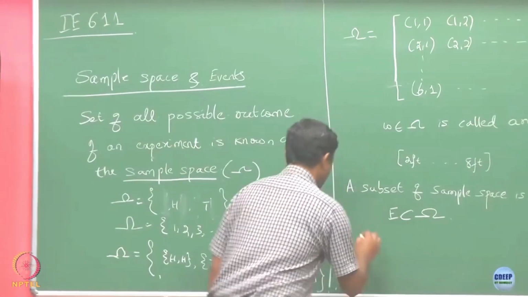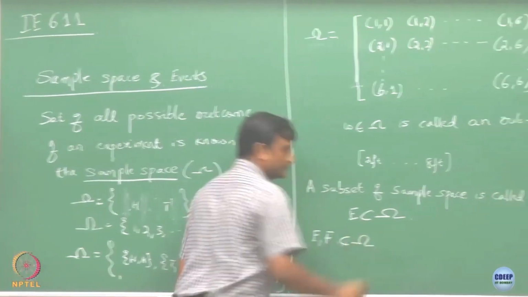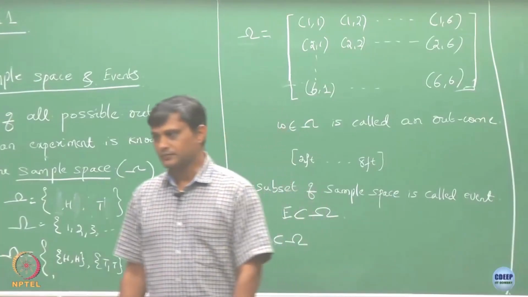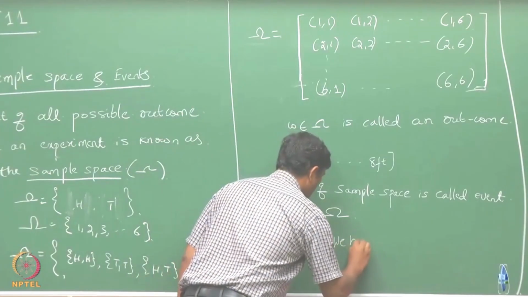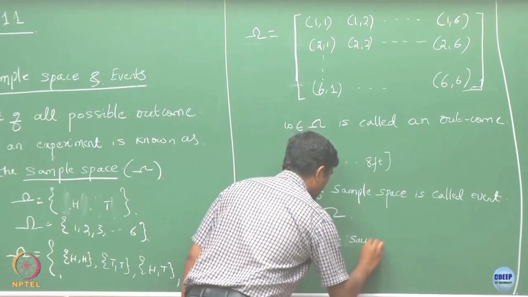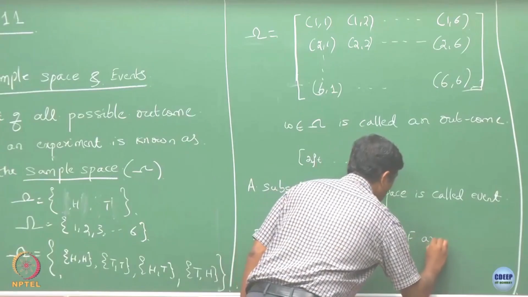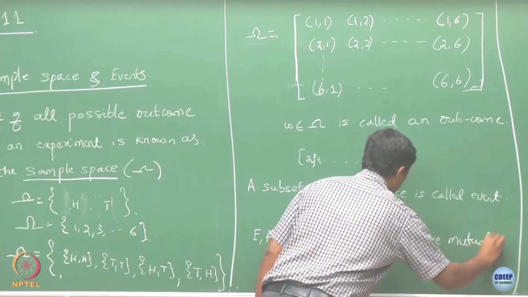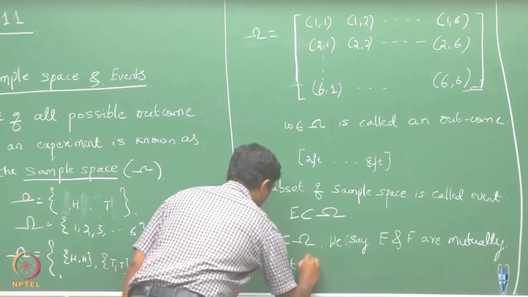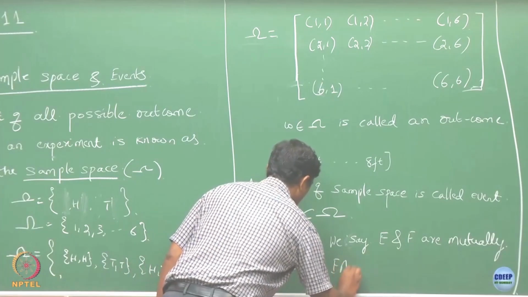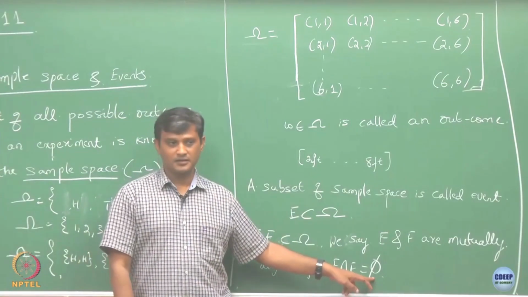So let us say E and F are 2 events. Then we say E and F are mutually disjoint if E intersection F is the null set.